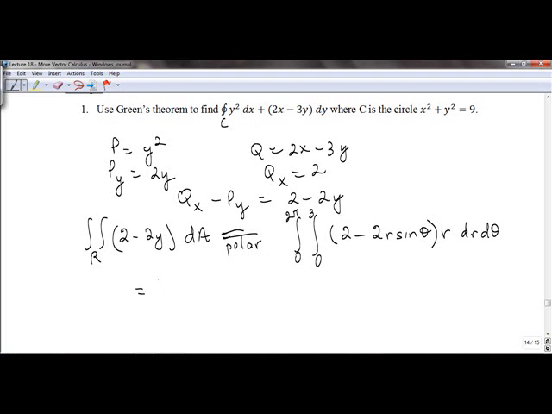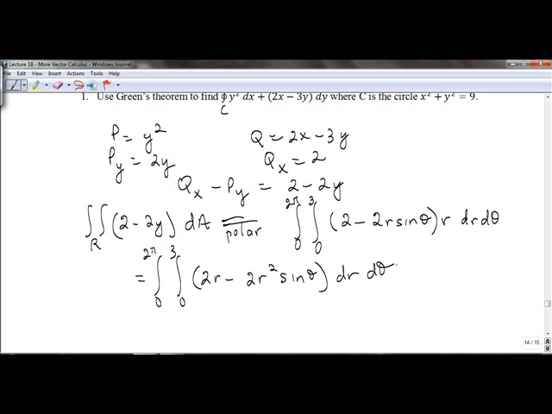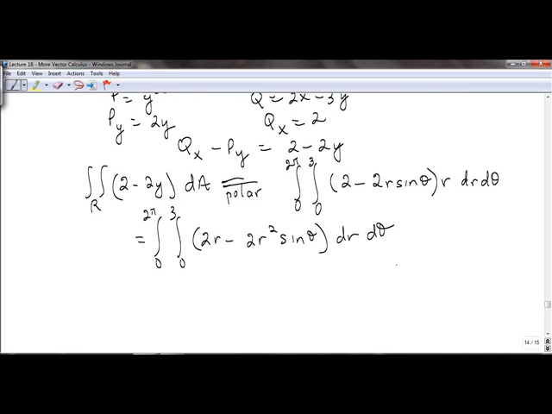Equals. Now let's distribute that. The integral from 0 to 2 pi, 0 to 3, of 2r minus 2r squared sine theta, dr d theta. Okay, now let's integrate with respect to r.